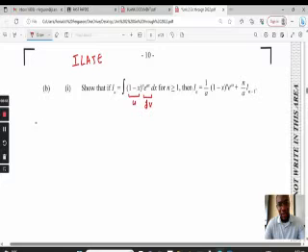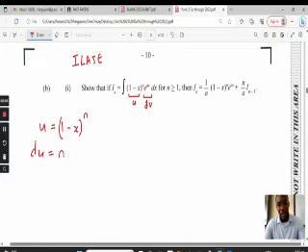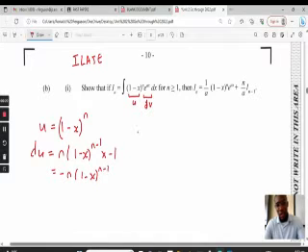So in that case, u is equal to 1 minus x, and we're raising it to the nth power. So du is carried on the power. We subtract 1 from the power. Then we multiply by, of course, the derivative inside the bracket, which is negative 1. So du is just negative n in bracket 1 minus x to the n minus 1.